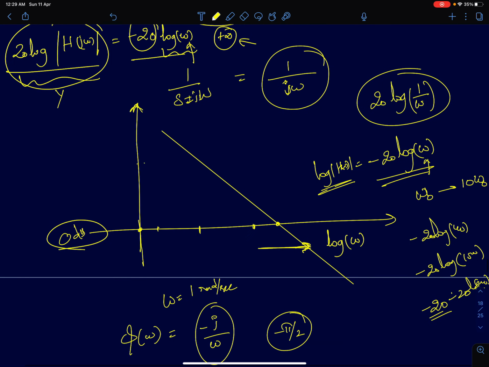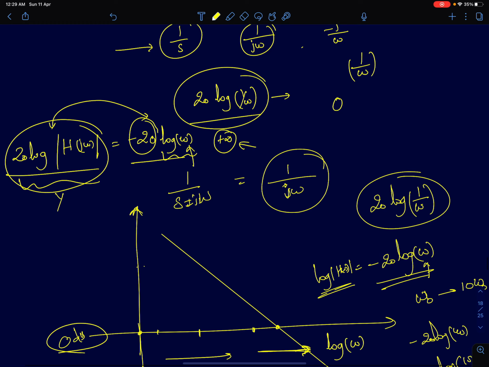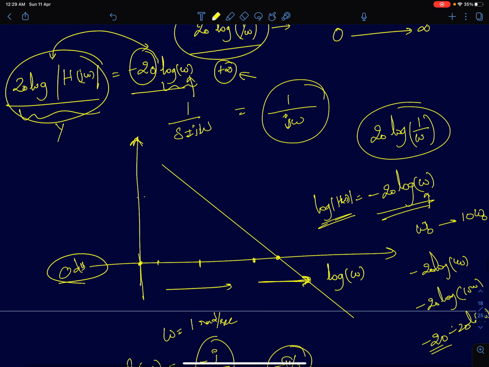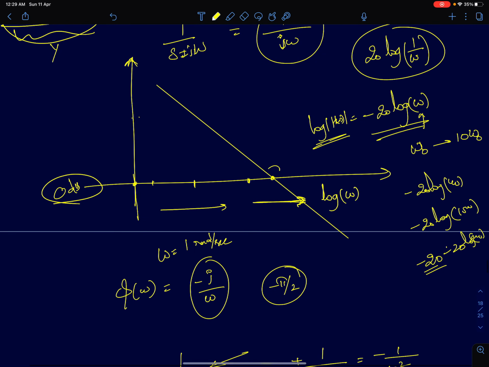Now the question is, what range of frequencies should we be showing this graph for? Remember, we said it's a log-log graph. Your frequency is going to vary from 0 to infinity. So we can't show all the frequencies in one physical graph. Let's assume the frequency where it is intersecting, instead of 1, is some frequency omega naught.